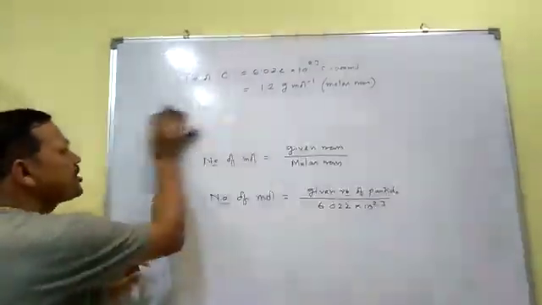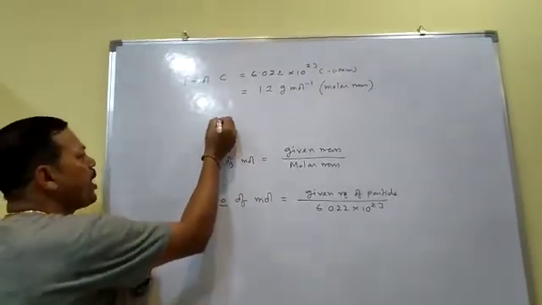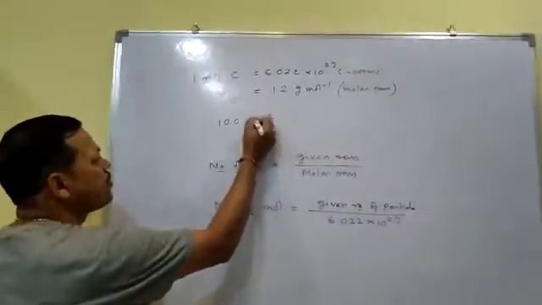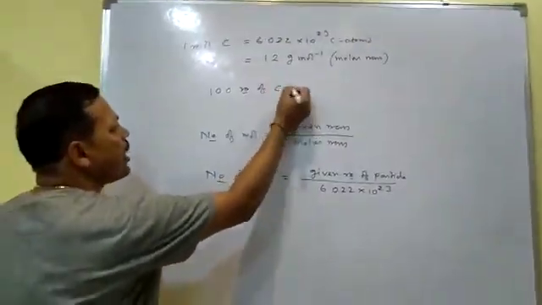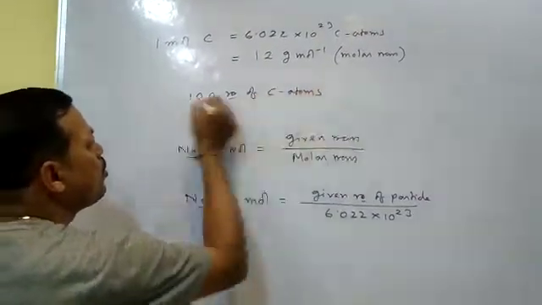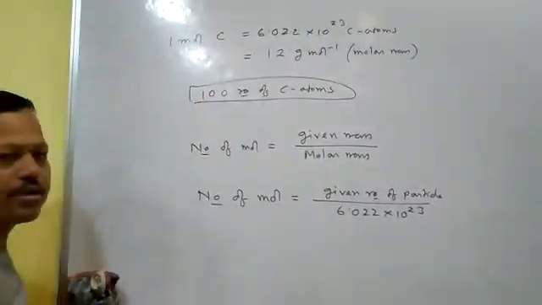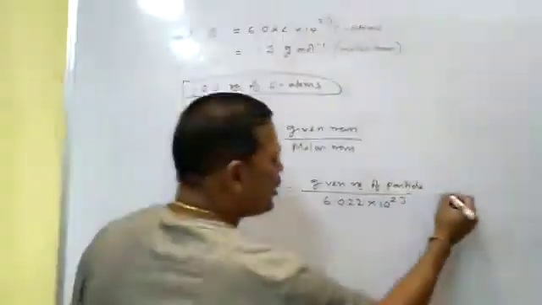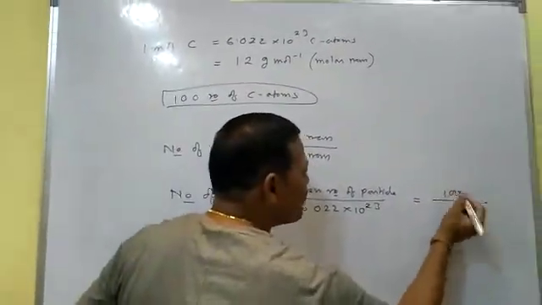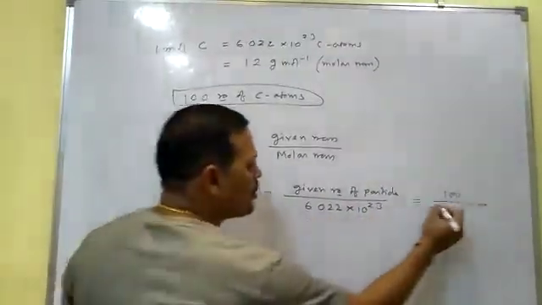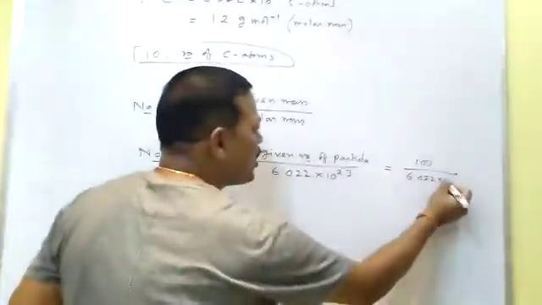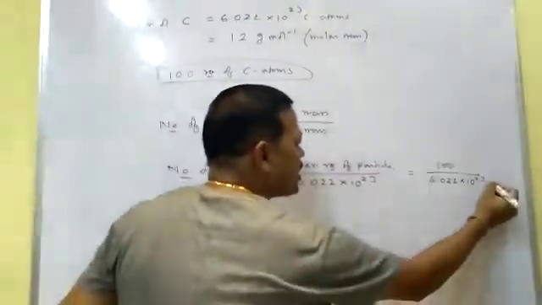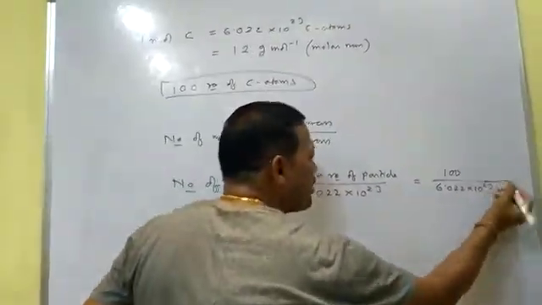Suppose a question is given like this: 100 carbon atoms. What is the number of mole in it? If the number of particles is given, then given number of particles, 100, divided by 6.022 into 10 to the power 23. This unit is per mole because 1 mole contains this much.